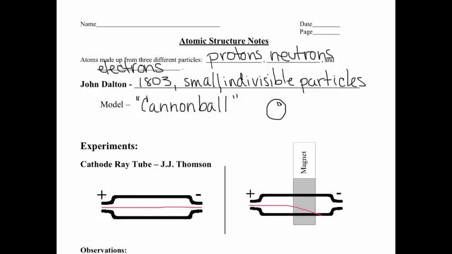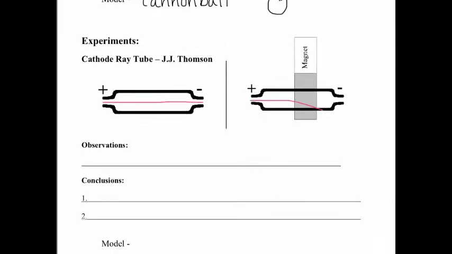And from the fact that it was the negative end of the magnet and the particles moved away from it or were repelled by it, he deduced that it must have been negative particles in that beam. So let's go ahead and record some observations based on this experiment.